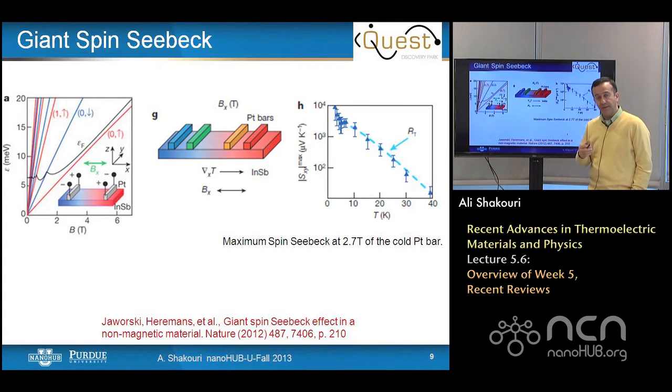A very recent kind of new physics has been spin Seebeck and giant spin Seebeck. The idea is that under temperature differences, you can have electrons with different spin diffusing between the hot and the cold side, and this phonon drag and interactions with the magnetic moment can be seen through a kind of spin pumping effect on a platinum bar, and very high Seebeck coefficients, on the order of millivolt per Kelvin, have been measured at cryogenic temperatures.